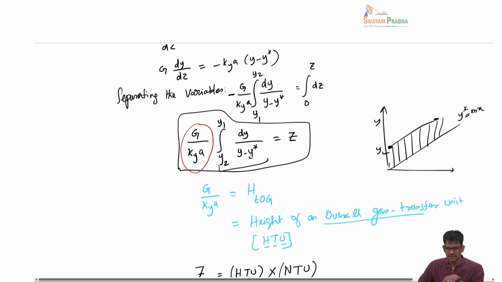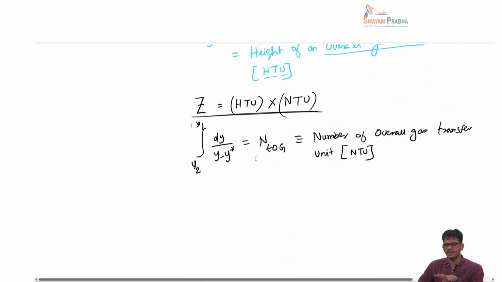We know that Y star is an equilibrium composition, which I can find out from Henry's law. I'm going to show subsequently how to calculate this integral analytically for Henry's law type equilibrium lines. So you will get an analytical equation for NTU also.